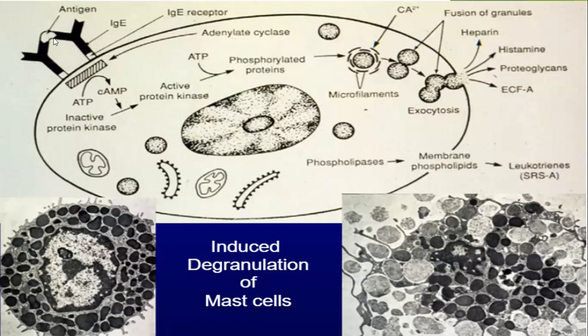And once the antigen binds to the immunoglobulin E on the surface of the mast cell, we've got an activation of a signal transduction process that moves from the conversion of ATP into all these other different stages there, leading to the release of all these chemicals such as heparin, and the most common one that we usually talk about is histamine.